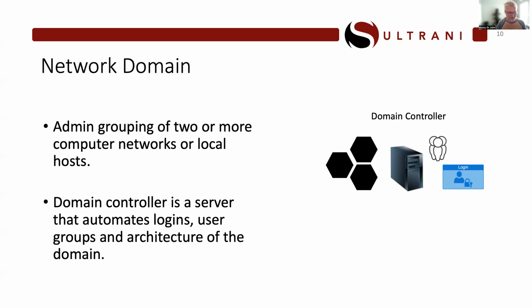When I say architecture, think about the fact that it controls how things get patched. It has its own processes that check to see if updates need to happen. It has all these things where it's touching every machine. So if you own the domain controller, you can own basically anything it touches, which is pretty much everything in the domain, which is why it's one of the most sought after things to get to as an attacker.